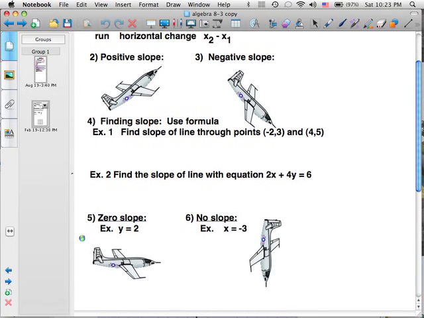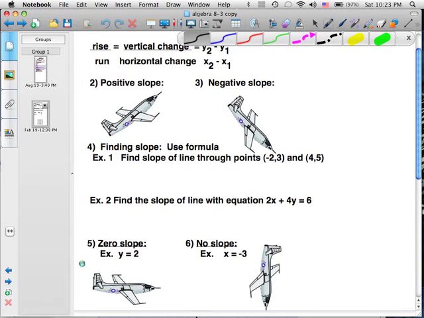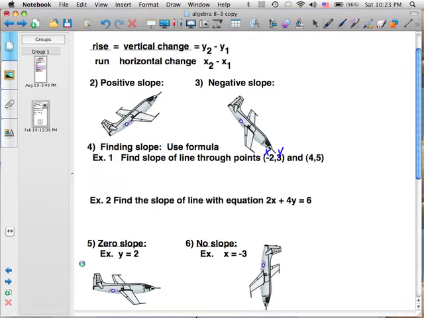When we find slope, we use the formula, the change in the y's over the change in the x's. So remember, with your ordered pairs, the first number is your x and the second number is your y. So I'm going to take the change in the y's.